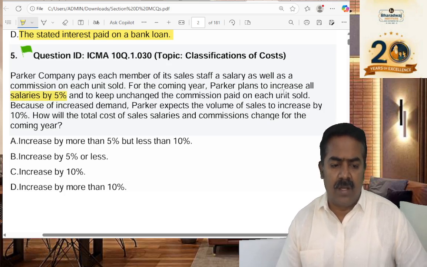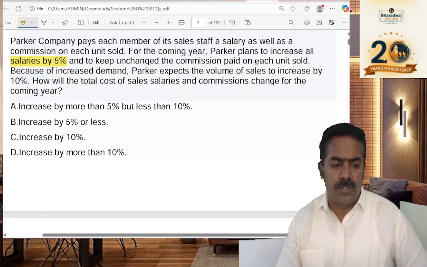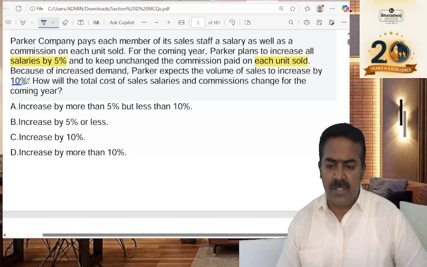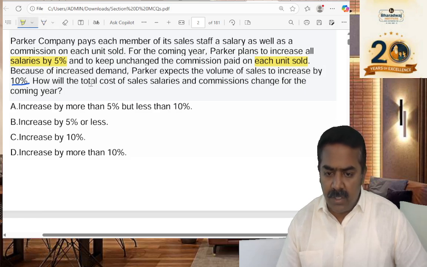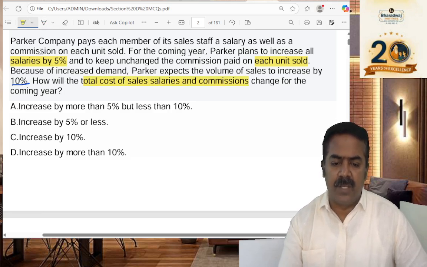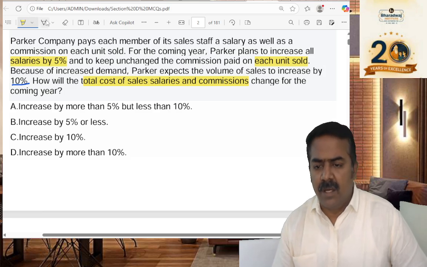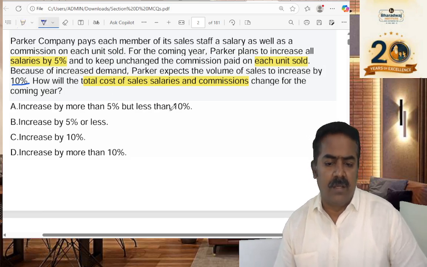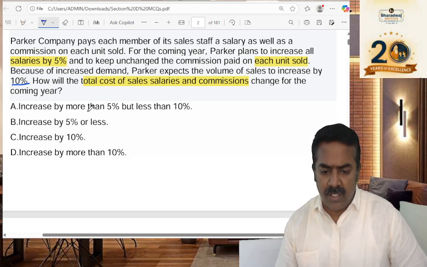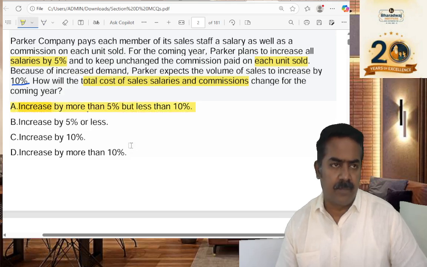Commission will remain what? Unchanged per unit sold. The volume of sales increased by how much? 10%. They ask you for the total cost of sales impact. So salary itself is increasing by what? 5%. But it will not increase more than what? 10%. So it will increase more than 5%, but not more than 10%.